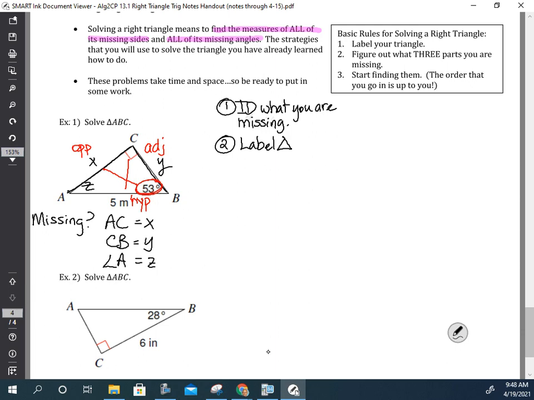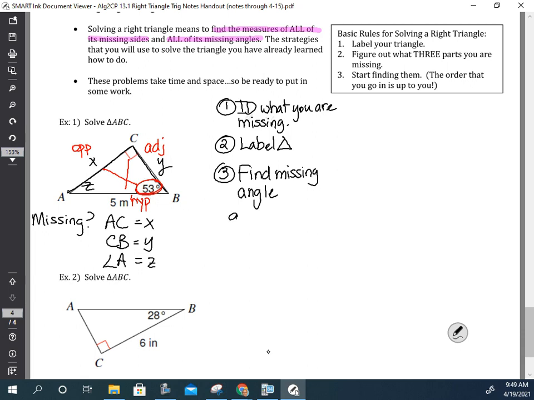All right, so third step is to find the missing angle. Why are we finding the missing angle? 1, because it's missing, and 2, because it's the easiest answer to get. To find the missing angle, remember, all the angles in a triangle have to add up to 180.